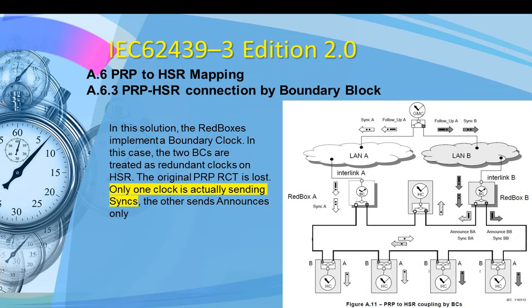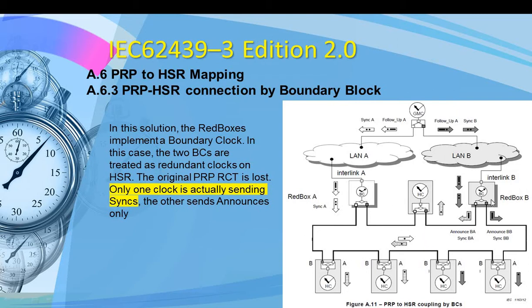The second method is a boundary clock. It means we can connect the top PRP network to the bottom HSR network via 2 different red boxes. These 2 red boxes work as a boundary clock. This is the typical topology of how to connect a PRP network to the HSR network.